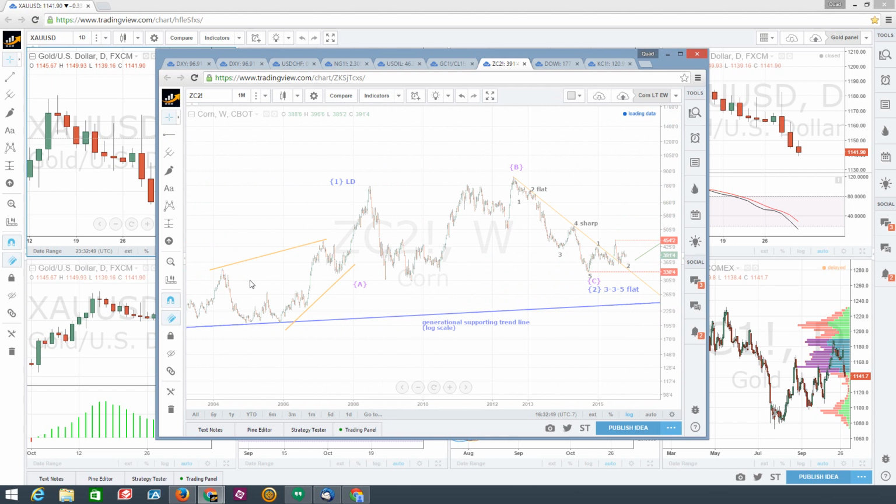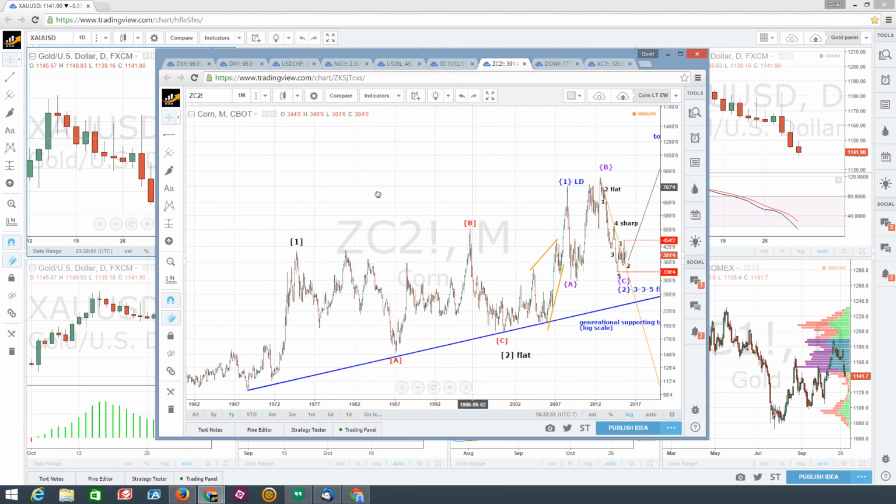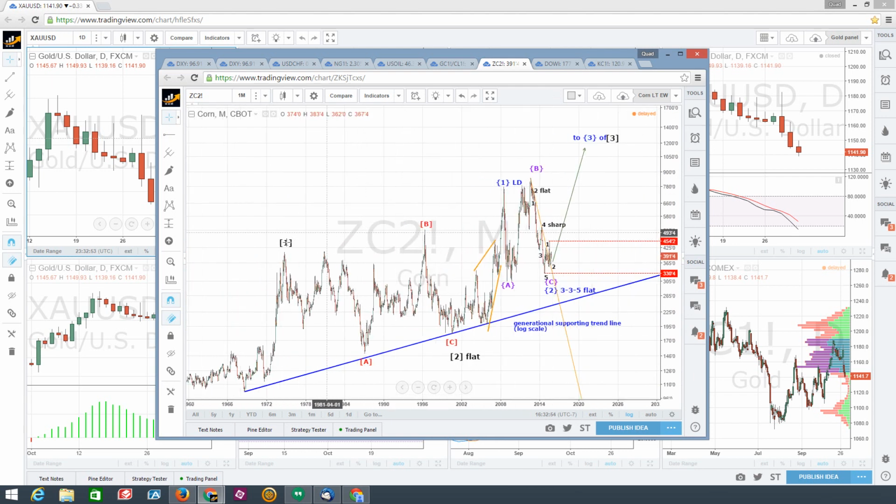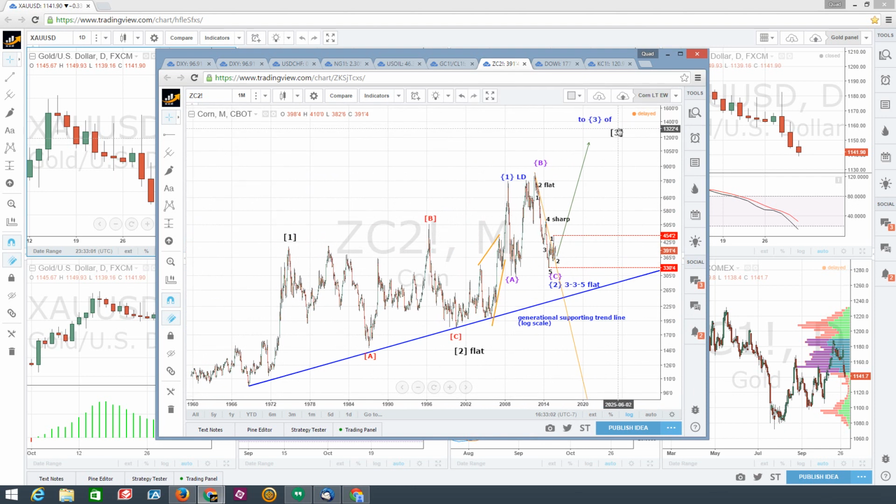Again, go back to the monthly. And so you've got wave 1, 2, 1, 2. So you've got 3 of 3, a massive advance to the upside, yet ahead if this count is correct. I would say this count is definitely in jeopardy if the price was to come down here and take out the blue trend line here.